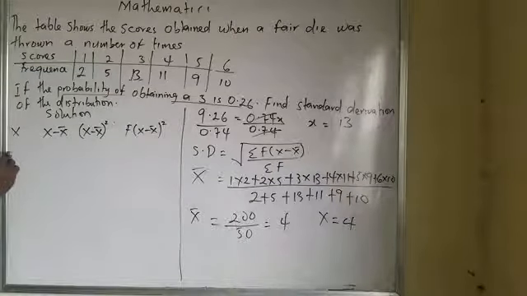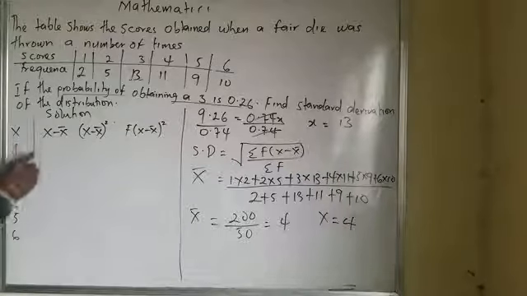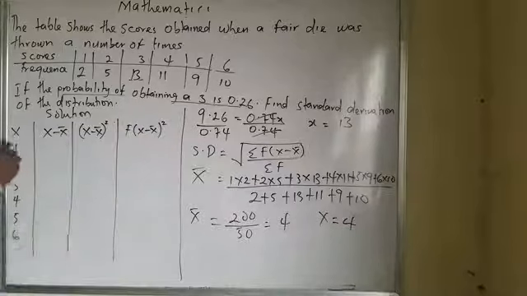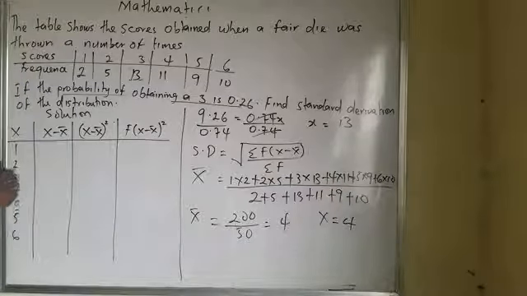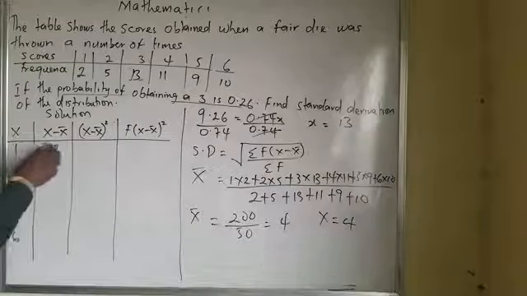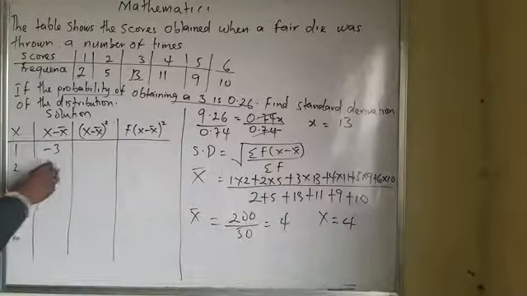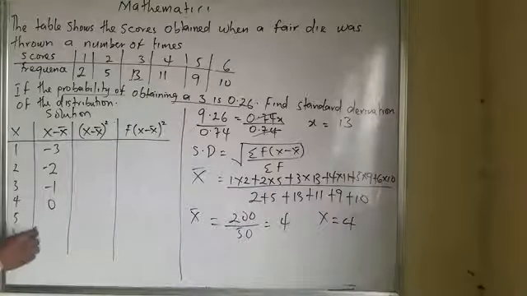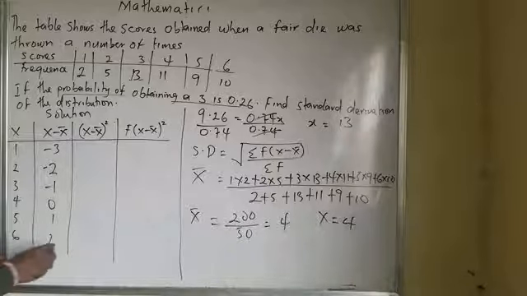Now I have 1, 2, 3, 4, 5, 6. Now, my x minus x bar, which is going to be 1 minus 4, it will be minus 3. This one will be minus 2. Minus 1, then 0, 1, 2.